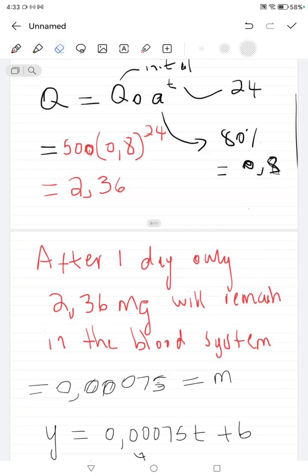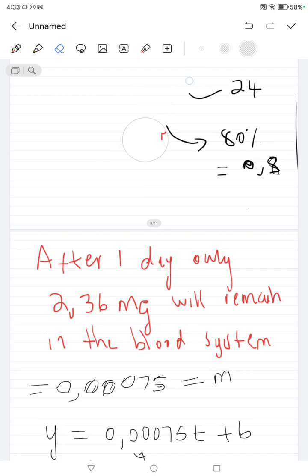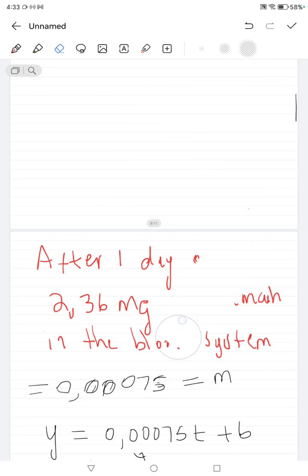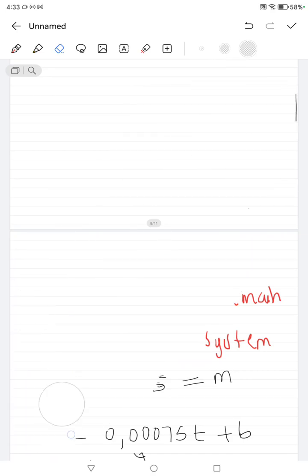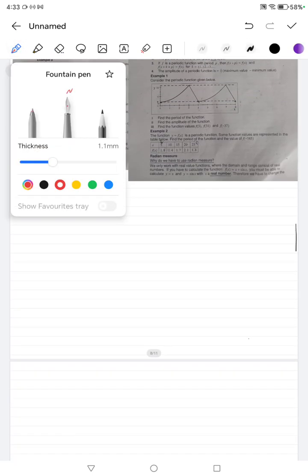Remember, we're dealing with quantities, hence that's why you see me using Q. We say Q equals Q0 times A to the exponent t.